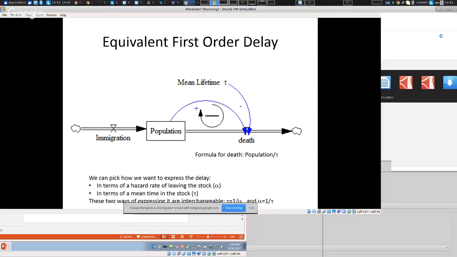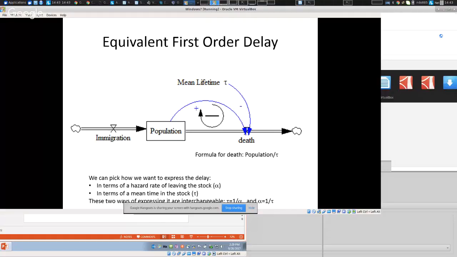Or conversely, the net flow, the sum of all the flows, is just the derivative of the stock, d population dt. And that is units d population, which is people, divided by dt. dt is units time. So it has to be the case. Do you have an understanding of that?